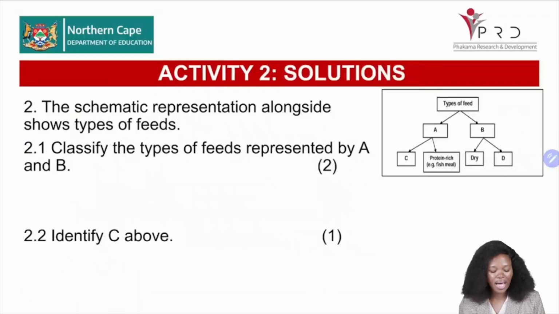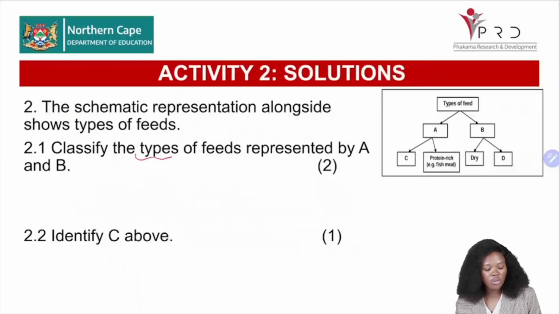Now classify the types of feed represented by A and B. Even if a question were to say, classify the feeds represented, because of this classification, you provide the types. It is classified into this and that.